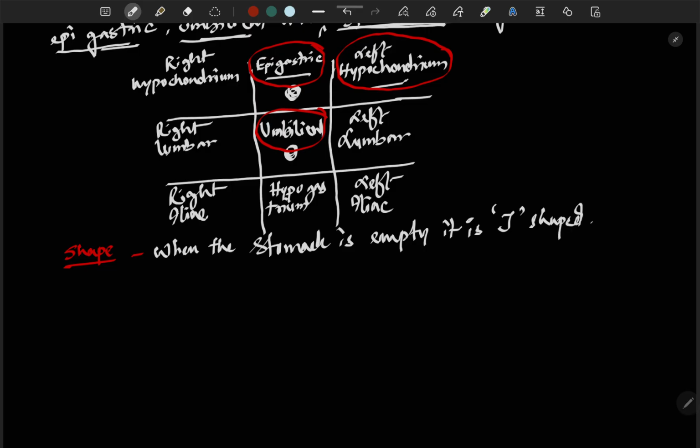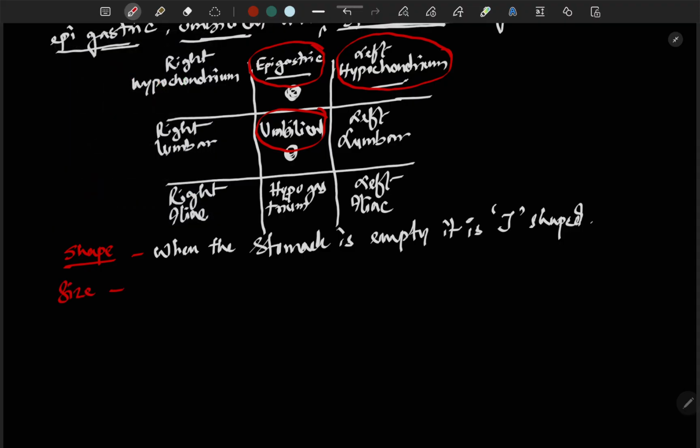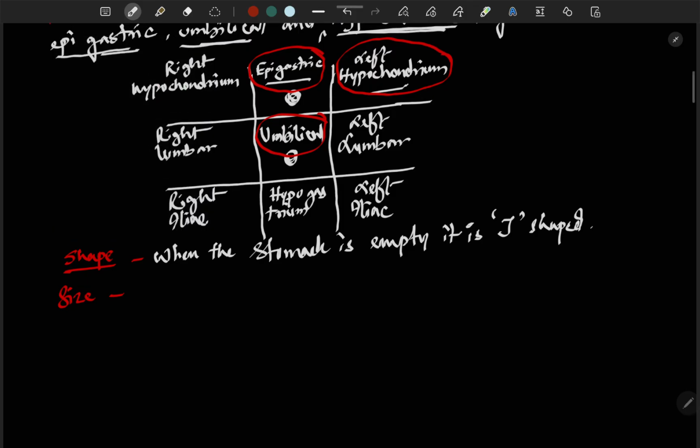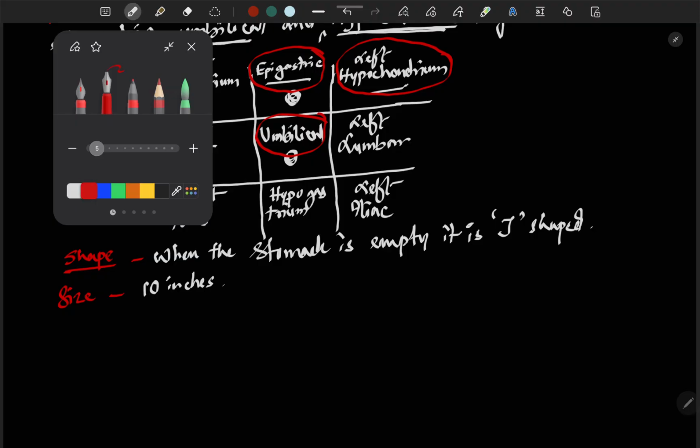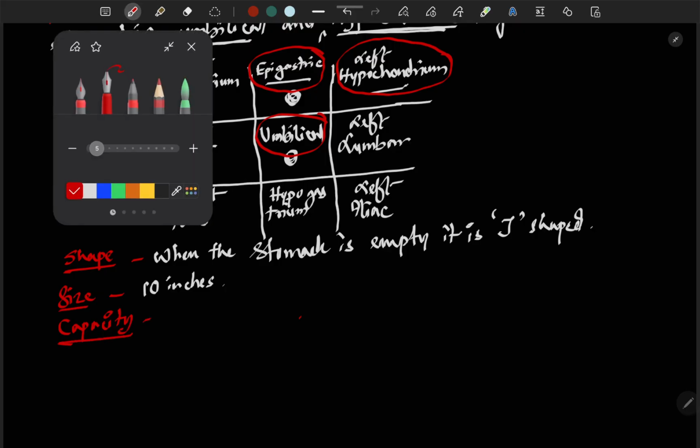Okay, now the size. Next, size of the stomach. It is 10 inches.